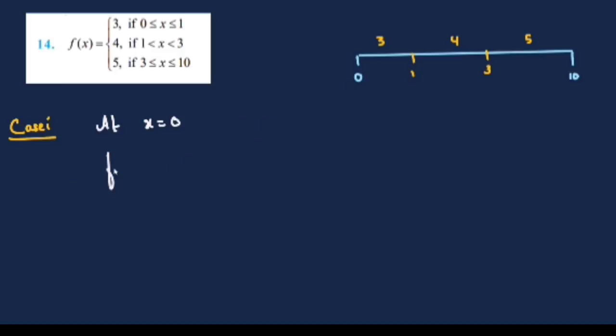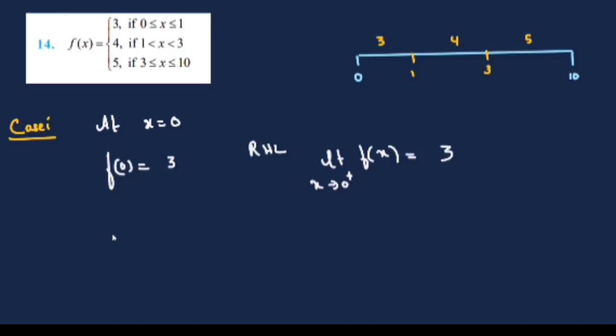So f of 0 is, what is f of 0? At 0 the function is very clearly given, it is 3. So f of 0 is 3. Now the right hand limit only we have to check. So limit x tends to 0 plus of the function. So right of 0 the function is given as 3.